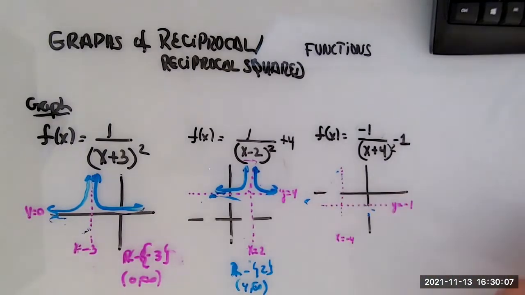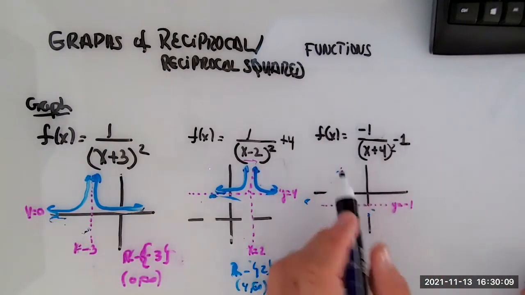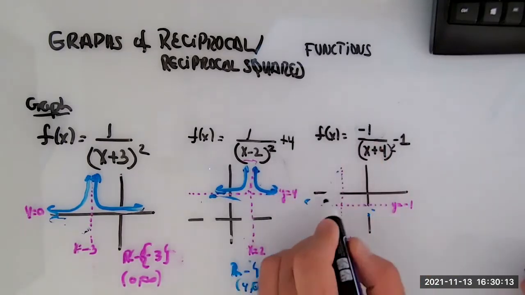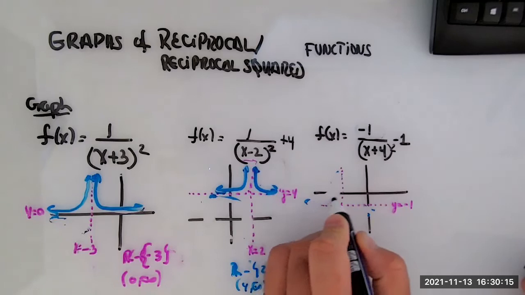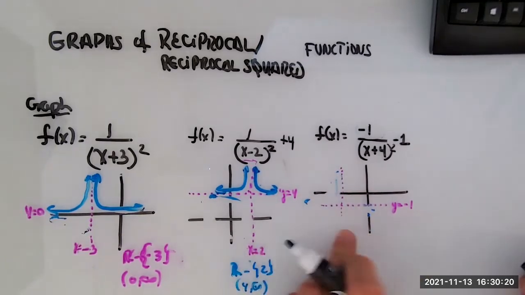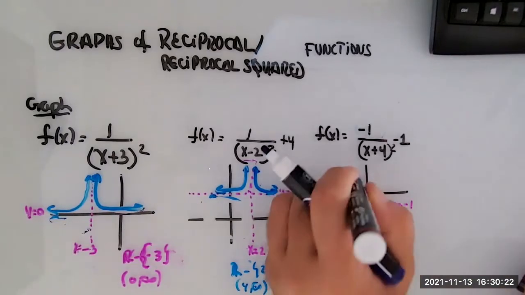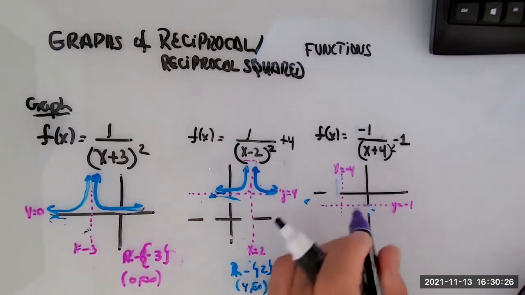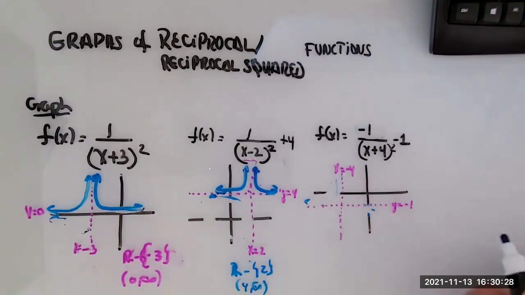Last but not least, if I have negative 1 over x plus 4 squared minus 1, so 4 to the left, 1 down, and it got flipped, so the old function would be in quadrants 1 and 2. Since it got reflected, now the function will be in quadrants 3 and 4.